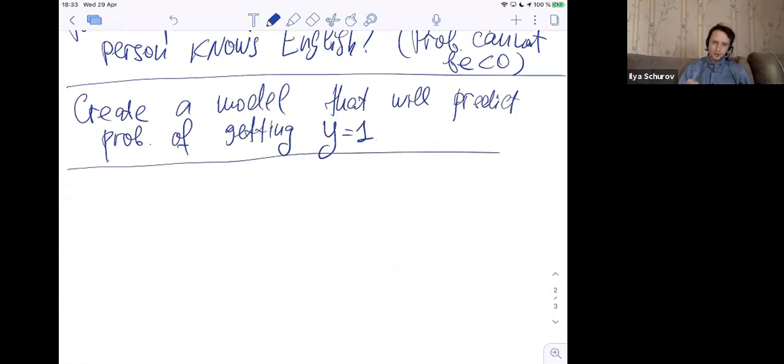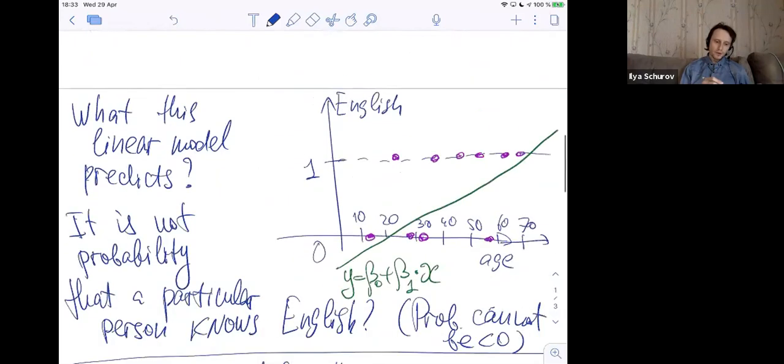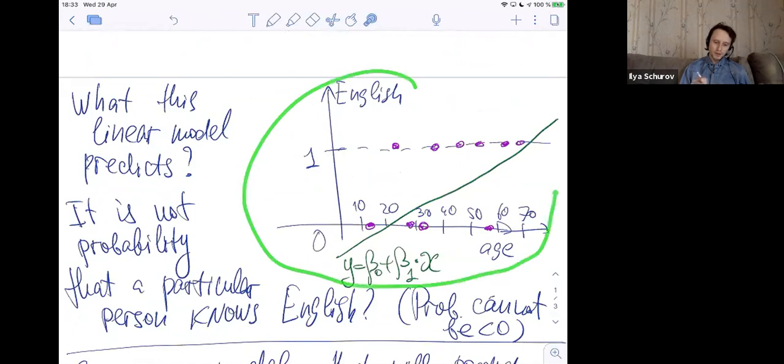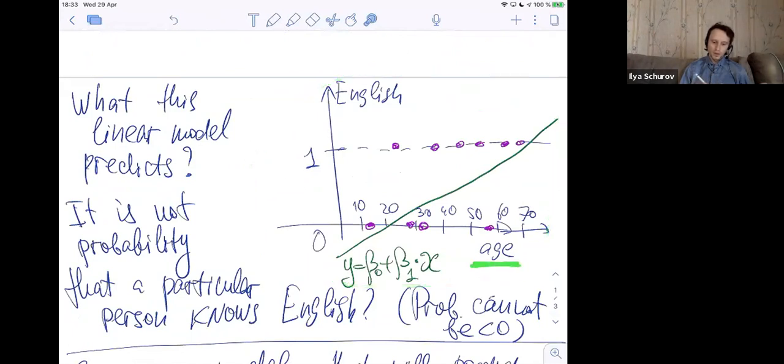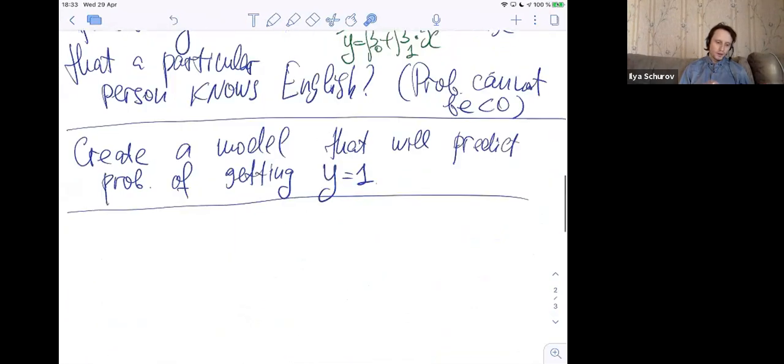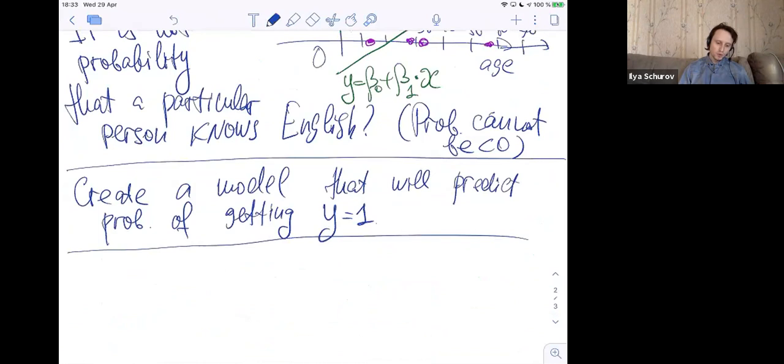Let us assume now that we have only one independent variable, and this variable is numeric. I will consider the same case as here, when we have just age and English. We can include other variables later, but now let us think about this model. And I assume that basically my model is the following.